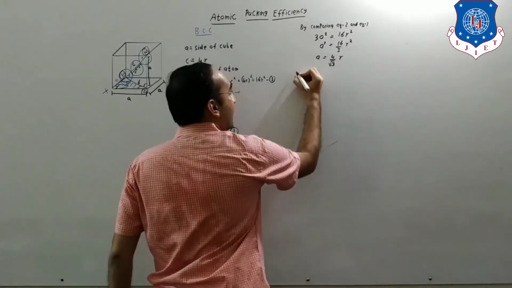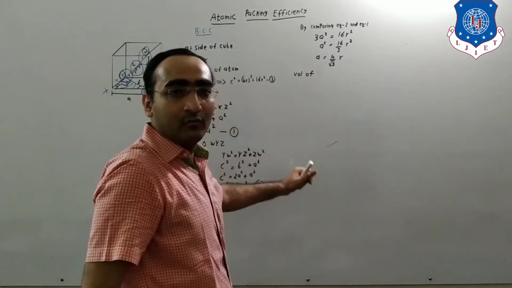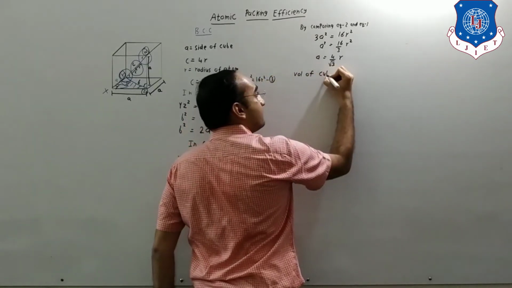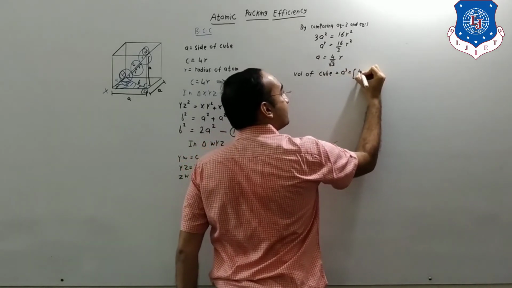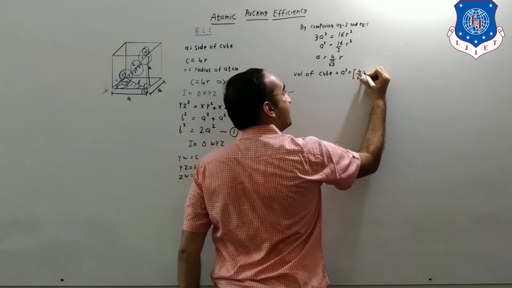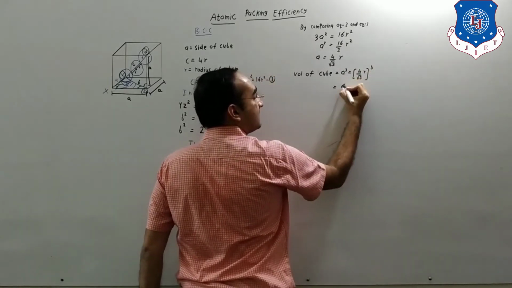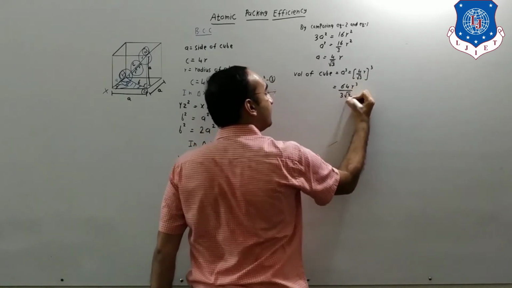So what will we be finding out? We will be finding out the volume of the particular atom, that is, volume of a cube, which will be equal to A cube. So it will behave as 4 by root 3 r cube. So here it will be 64 r cube by 3 root 3.